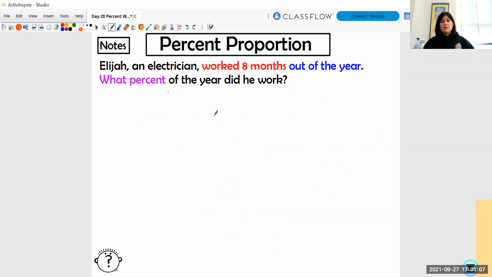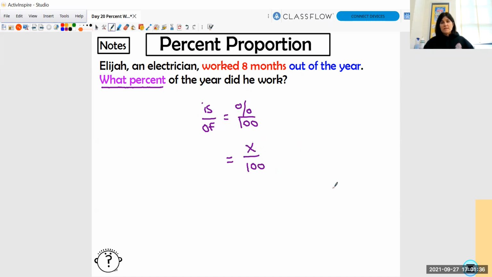Again, do not write the question. We're just going to write what I write. So Elijah, an electrician, worked 8 months out of the year. What percent of the year did he work? So we have the part, is, the part to the whole. I noticed right away that it said what percent, because I'm looking for that. To me, that's the easiest to find. So that tells me we don't know.